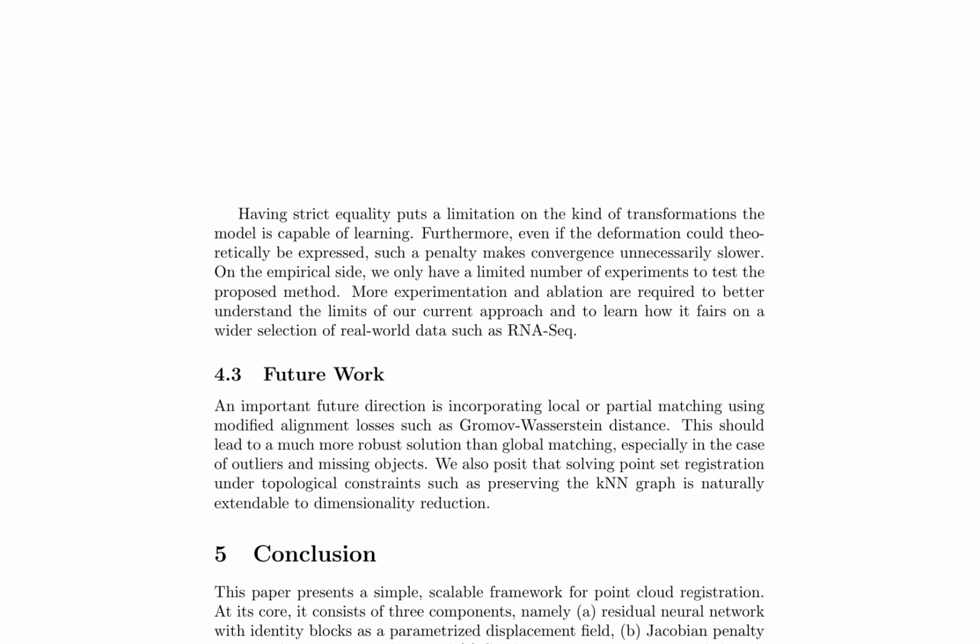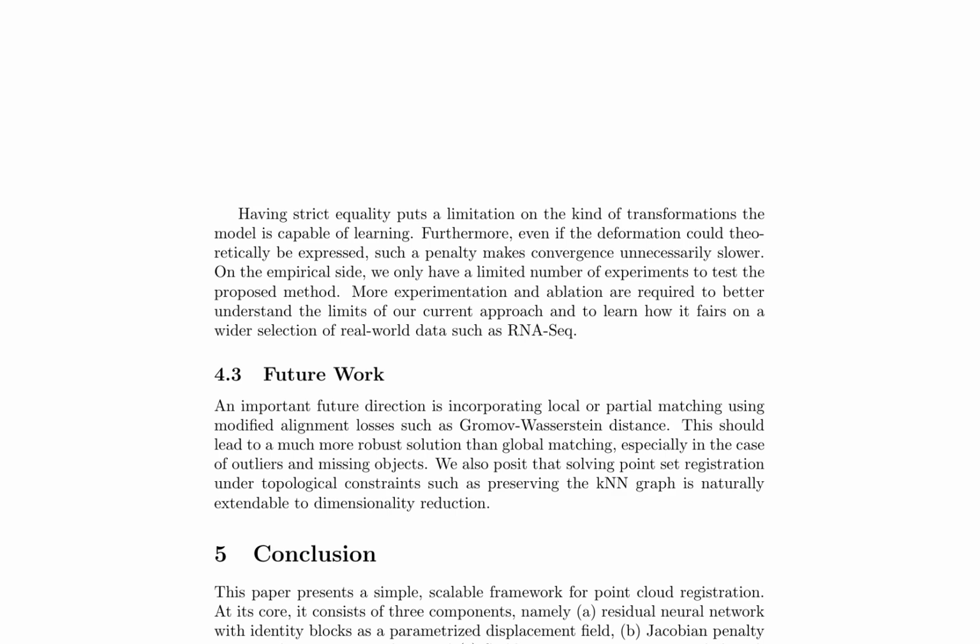The proposed method's limitations and potential avenues for future work are discussed in this section. The strict equality constraint imposed by the Jacobian penalty can limit the model's ability to learn complex transformations, leading to slower convergence. Empirically, the authors acknowledge that more experimentation and ablation studies are necessary to fully understand the approach's limitations and performance on diverse real-world data, such as RNA-seq.